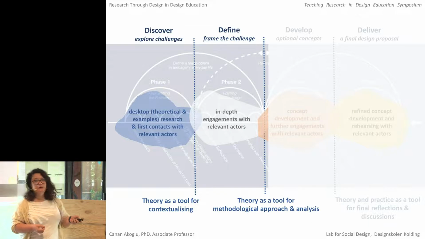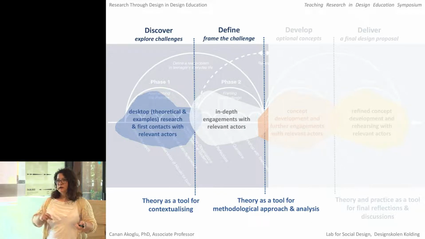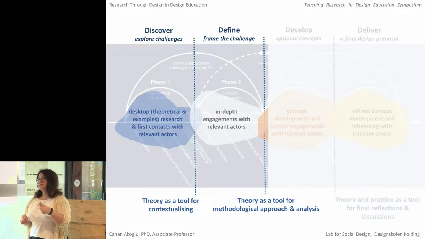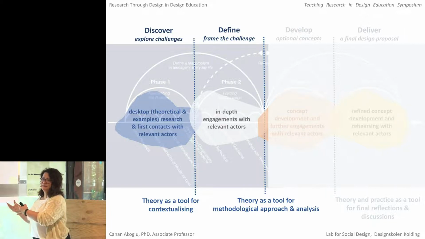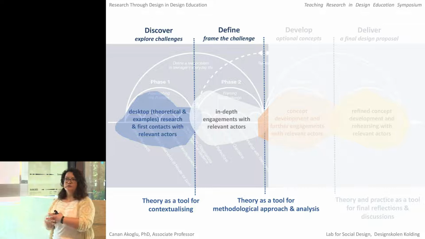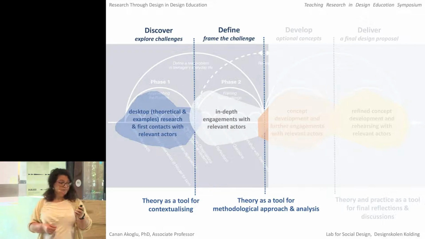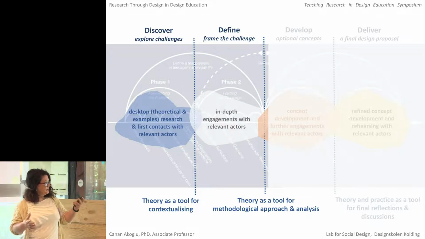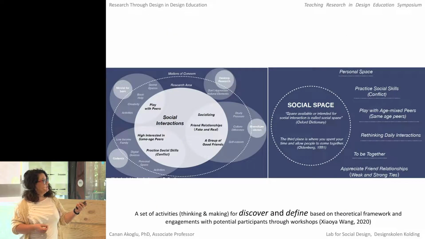I'm going into another example where I will show you, in the previous one, I didn't show the final outcome, the design proposal, but this one we will be able to see the design proposal as well. So I hope it gives an overview of how we work throughout the design process.